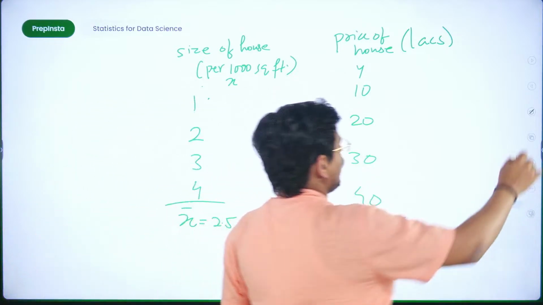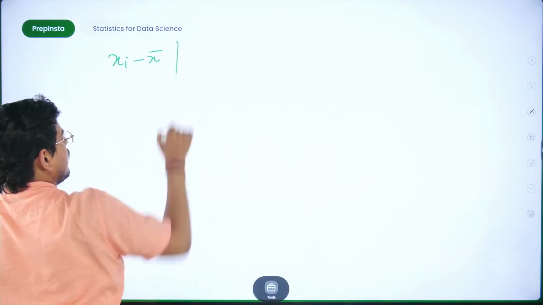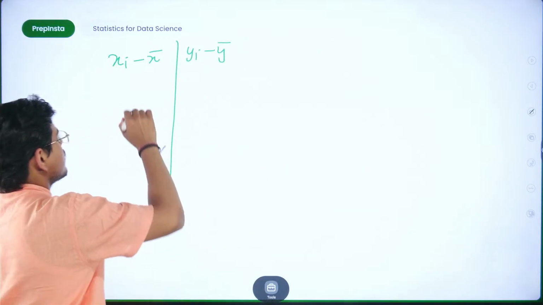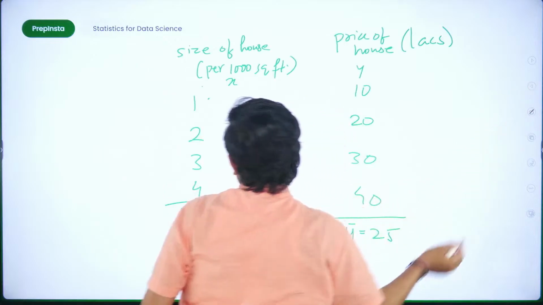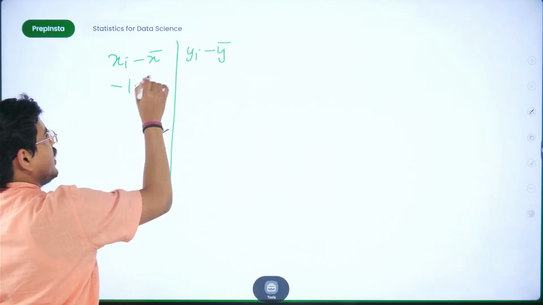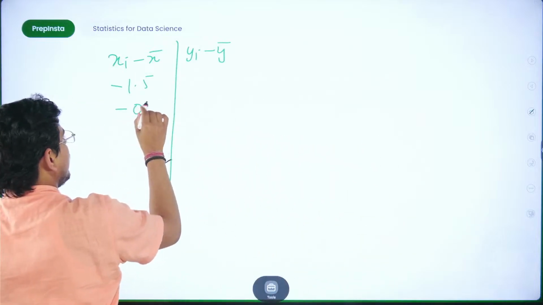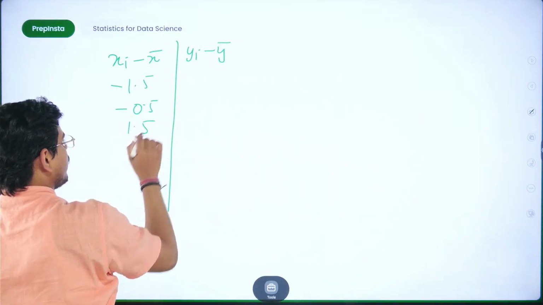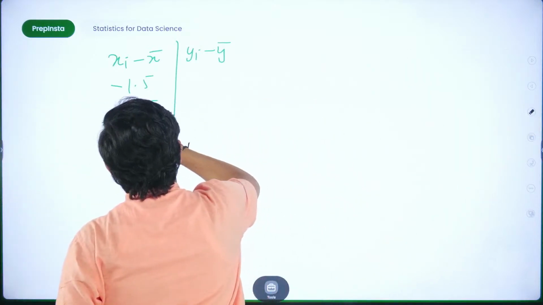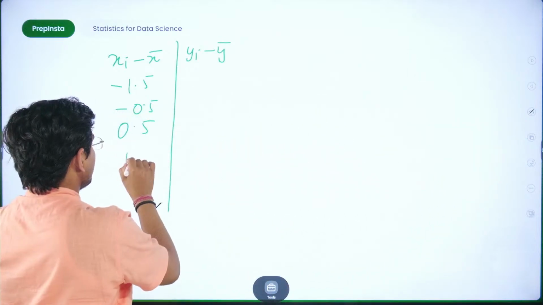Now let's move forward and let's try calculating xi minus x bar and yi minus y bar. When I do this, what would it be? So this is 1. 1 minus 2.5 is minus 1.5. Then 2 minus 2.5 is minus 0.5. 3 minus 2.5 is 0.5, and 4 minus 2.5 becomes 1.5.